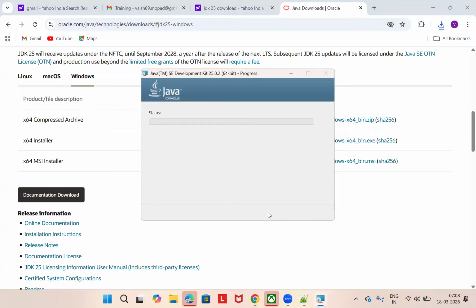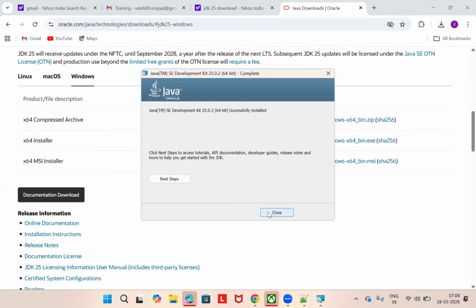It'll take hardly 1 or 2 minutes for JDK to be installed. So I click on close.